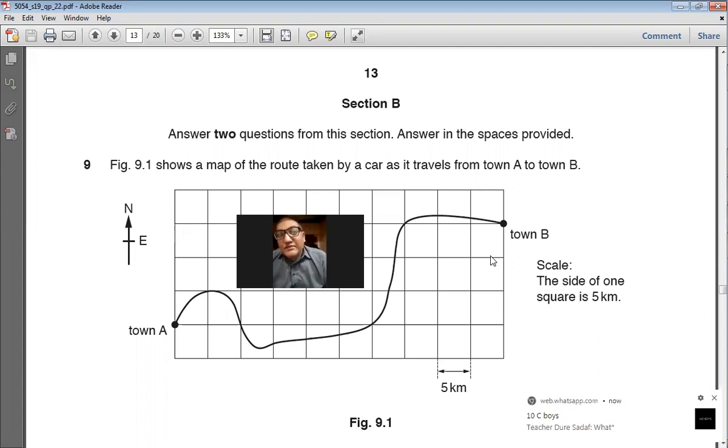So towards the east it is 50 kilometers, and towards the north it is 15 kilometers. So it makes a right angle triangle, and you can find the direct displacement from A to B by using Pythagoras, because this is a right angle triangle with sides of 50 kilometers and 15 kilometers.